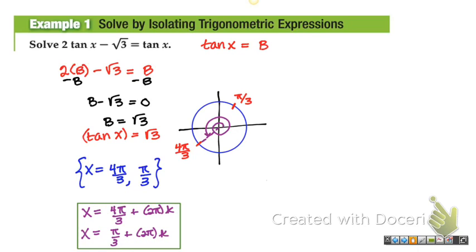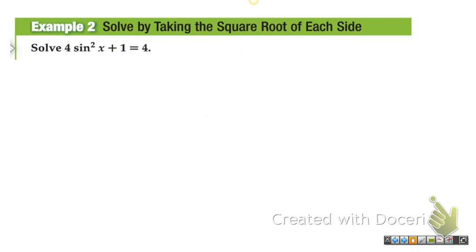Okay, let's take a look at another problem. In this problem, I'm going to solve it a similar way. It's just an algebra problem, right? If it helps you, you can write sine x equals b.